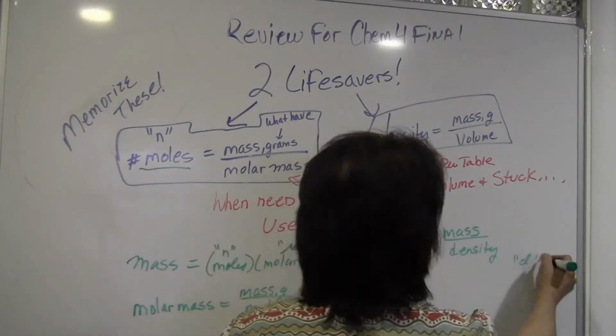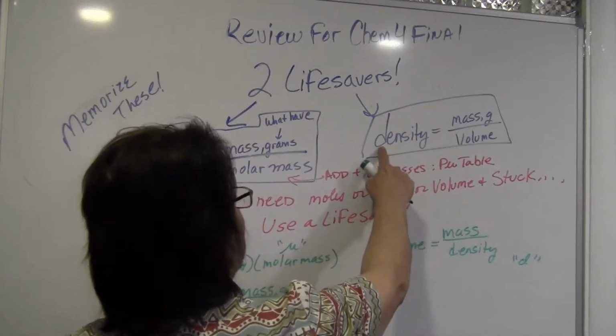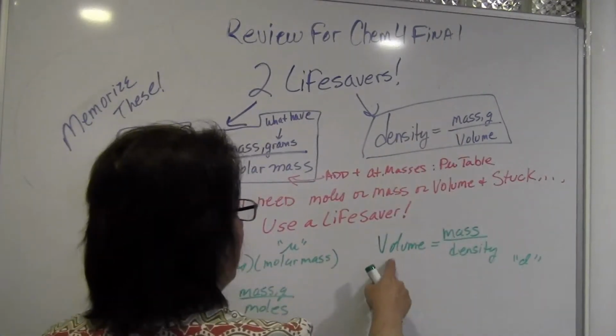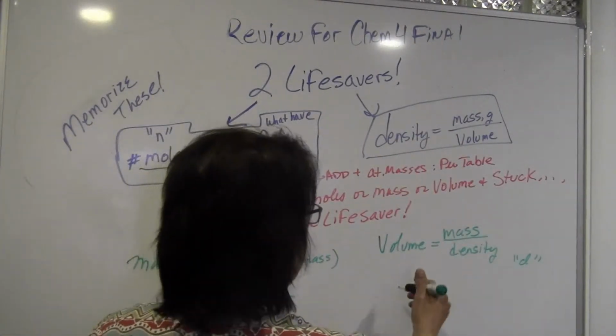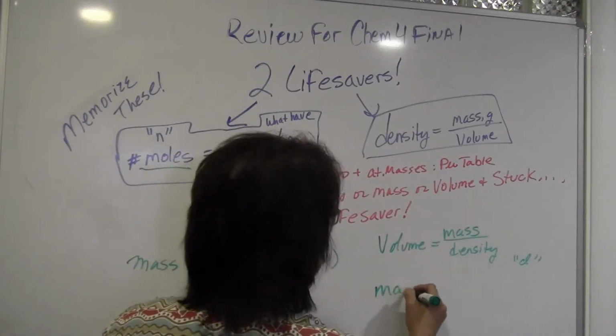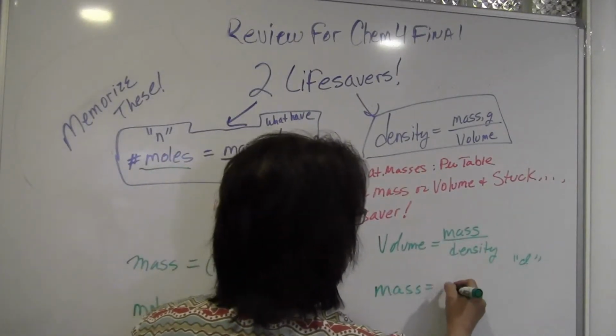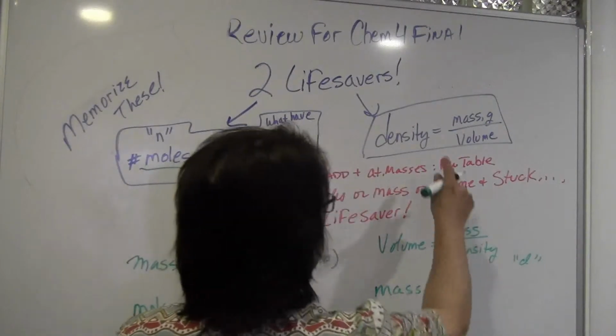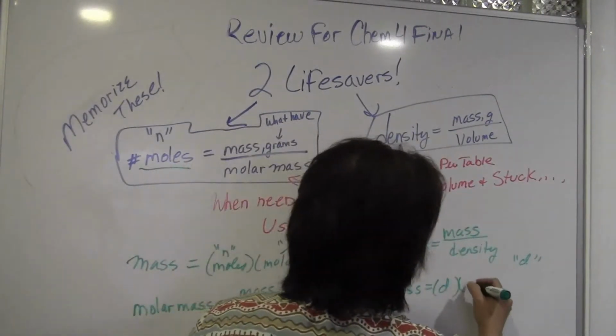Density is usually a small d. So we could solve for density as mass over volume, we could solve for volume as mass over density, and we could solve for mass by saying density times volume.